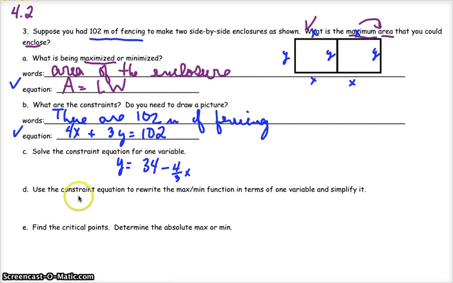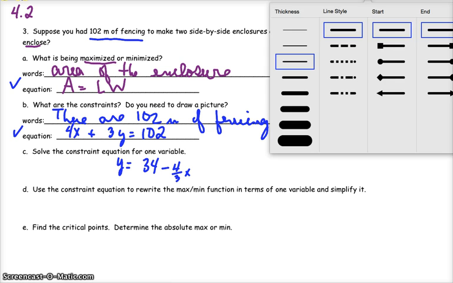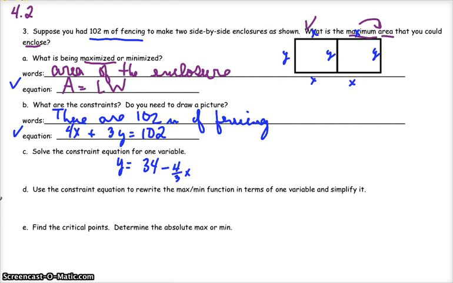Now we will use the constraint equation to rewrite the max-min function in terms of one variable, and then we'll simplify it. So our equation is area equals length times width. Let's go back up and look at our figure. Our length is equal to 2 X's. X plus X is 2X. So our entire length is 2X and our width is 1Y.